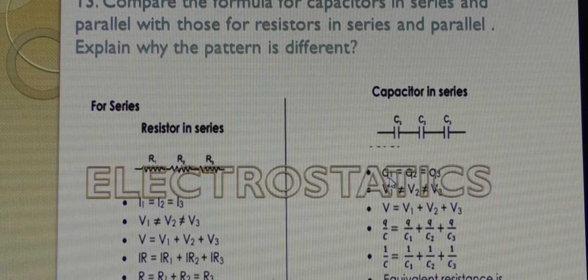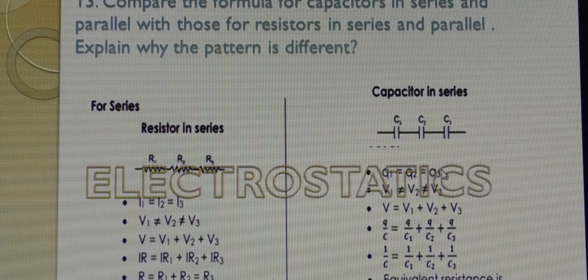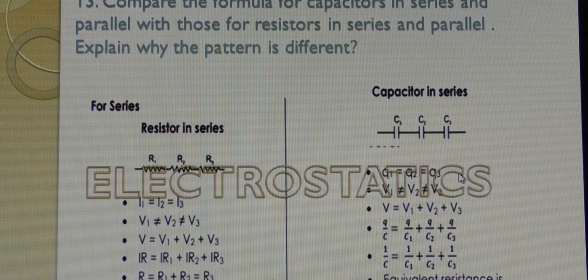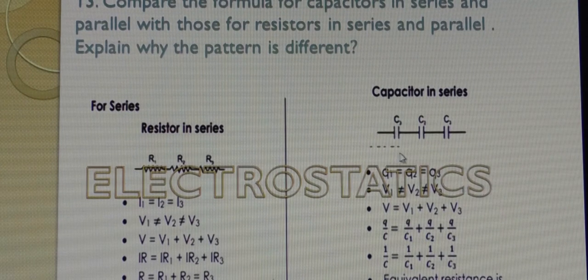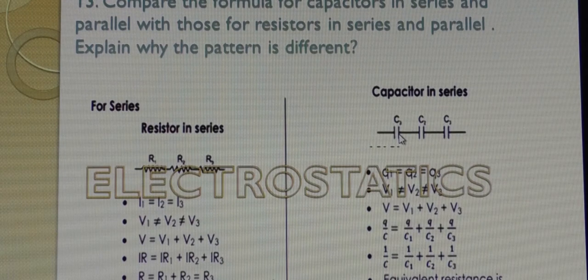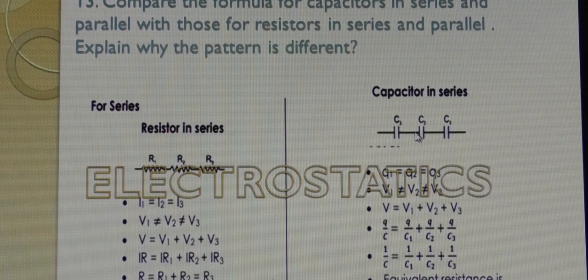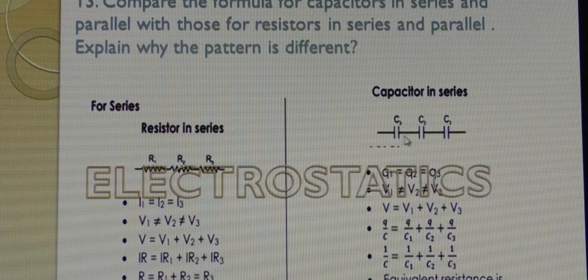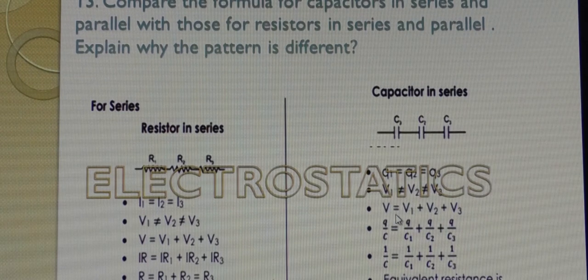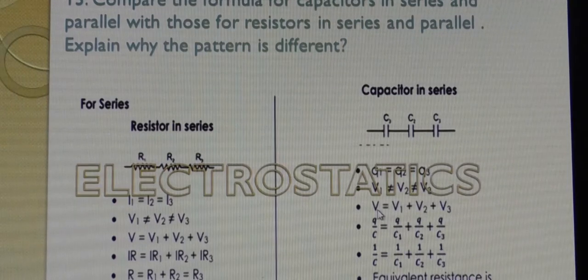So instead of writing Q1, Q2, Q3, let me write it is all equal to Q. When we connect C1 with the terminal of the battery, the other plate of C1 is connected with this plate of C2 and vice versa. We notice that all the plates are connected with different points, so they have different values of V.